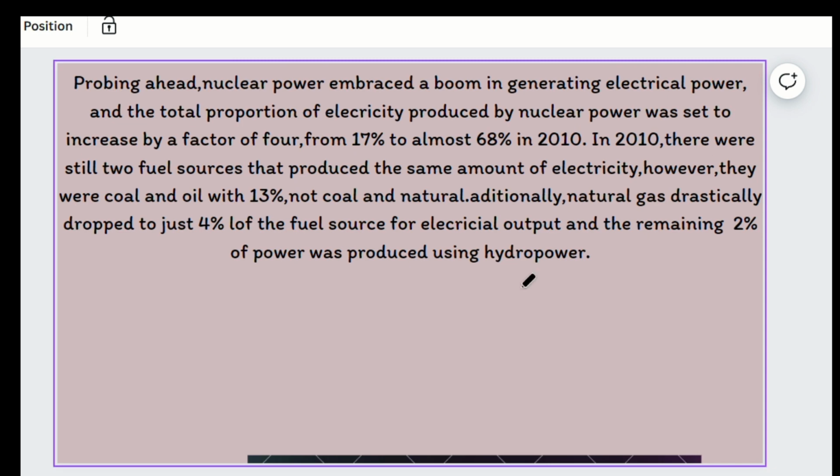In 2010 there were still two fuel sources that produced the same amount of electricity. However, they were coal and oil with 13%, not coal and natural gas. Additionally, natural gas drastically dropped to just 4%. A lot of the fuel sources for electrical output, and the remaining 2% of power was produced by using hydropower.